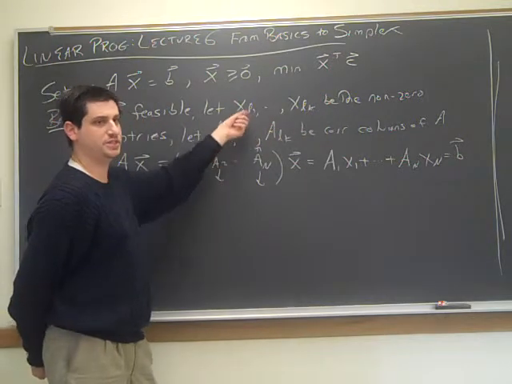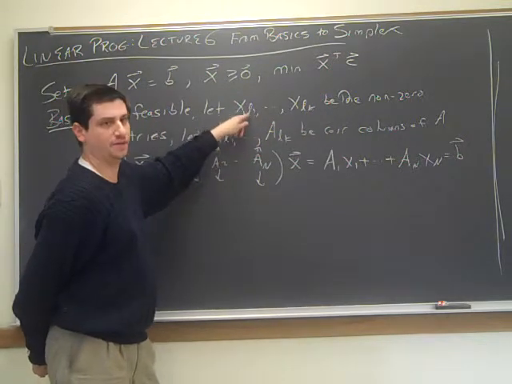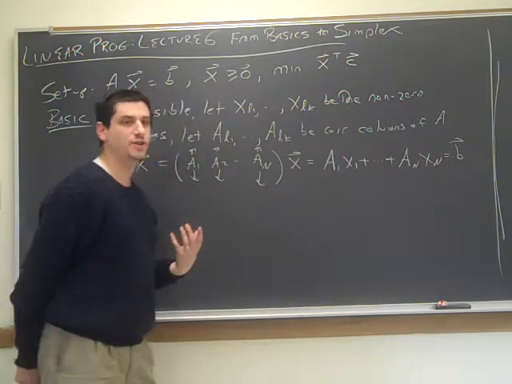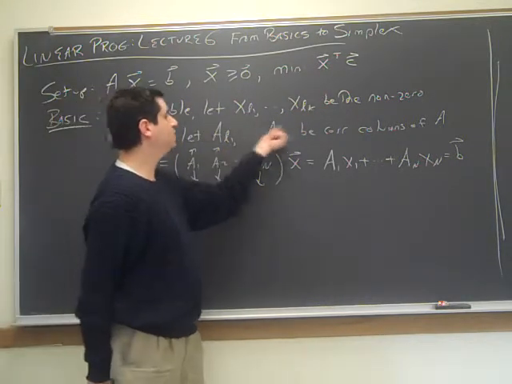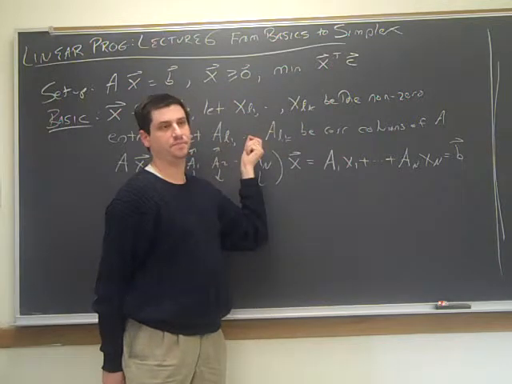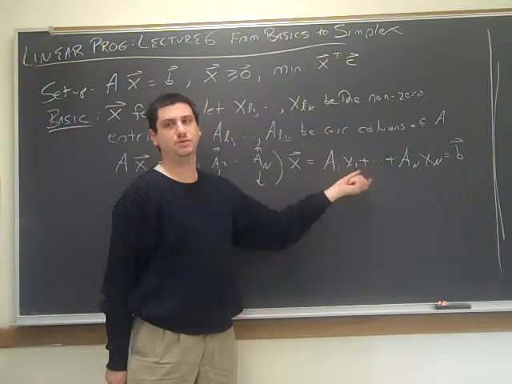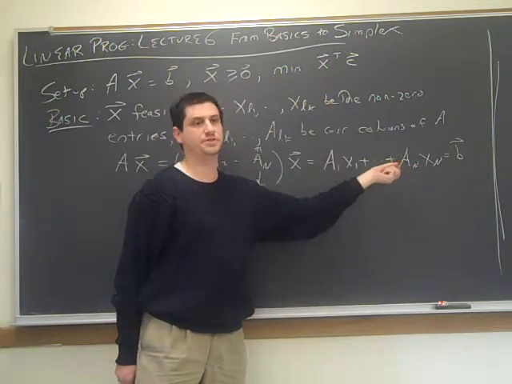Whichever ones are not 0, we're going to call these the L first, the L second, through the L K. So we'll say that there's K entries of X that are non-zero. And let's let these be the corresponding columns of A. So when I do this multiplication out, if one of the x's is 0, that column doesn't contribute to this.